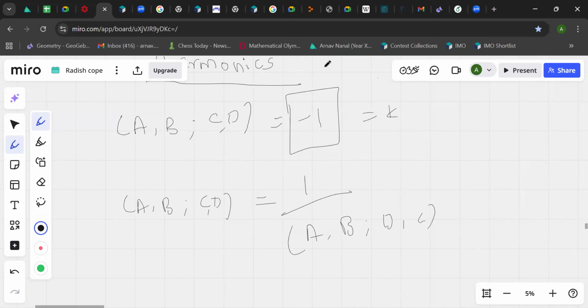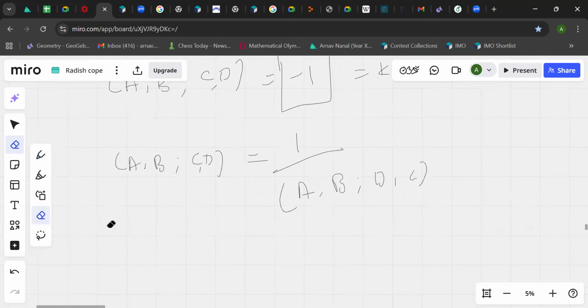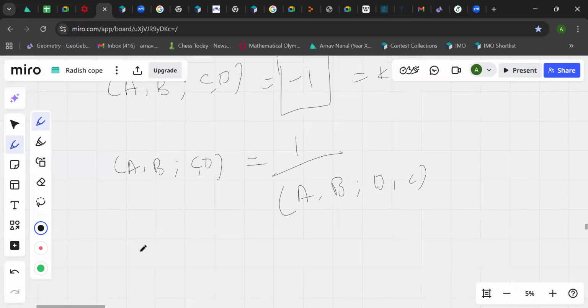Okay, yeah, cool. So you know this. When the ratio is -1 specifically, the interesting thing is that (A,B;C,D) is equal to (A,B;D,C), which is equal to -1.